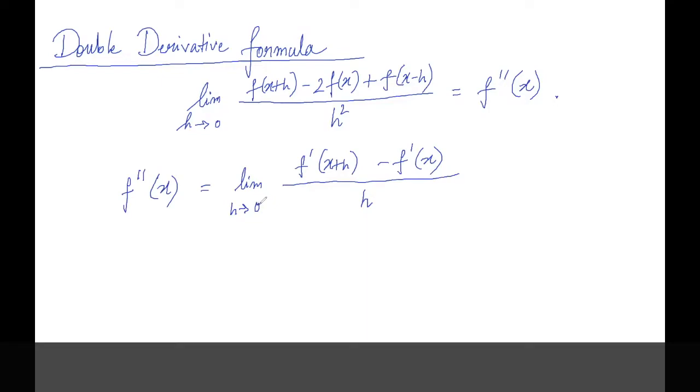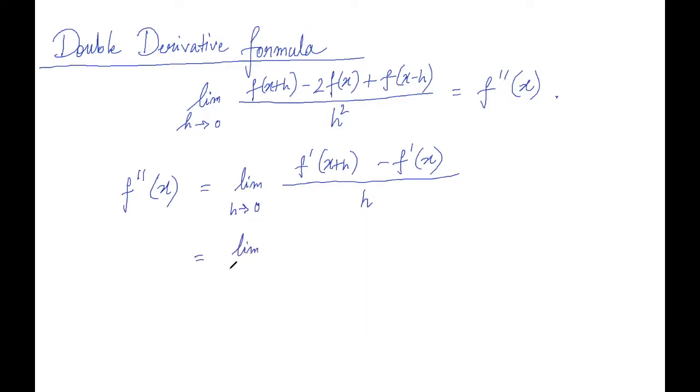Right. Now I claim that this is also equal to the limit as h tends to 0 of f dash x minus f dash x minus h by h. Now how do I claim that?